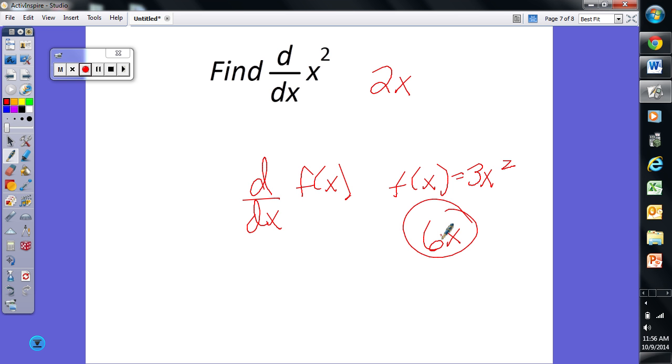Match the graph of the function with the graph of its derivative. So the derivatives are a, b, c, and d, and the functions are 13, 14, 15, and 16. So I want you to look at your book right now and look at number 13. You can see that the derivative as you move along the left-hand side is negative. So we're looking for a derivative over here that's negative. And it's negative going from something really steep to something less steep.